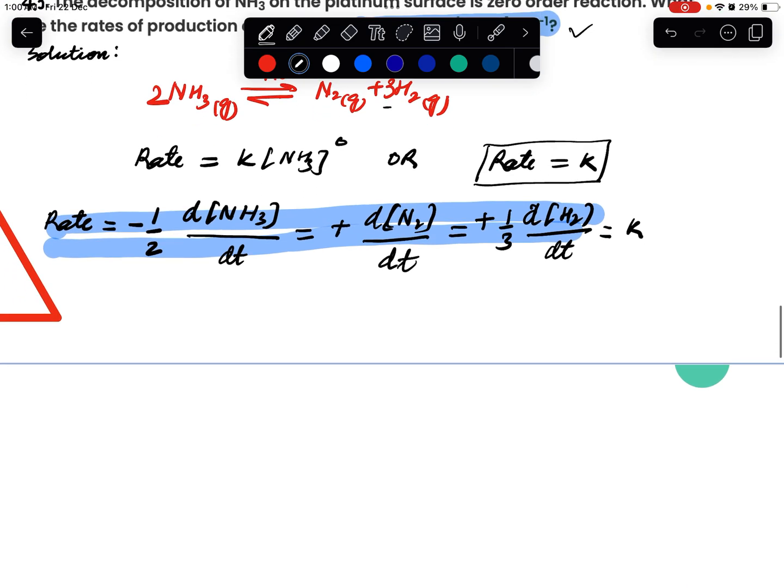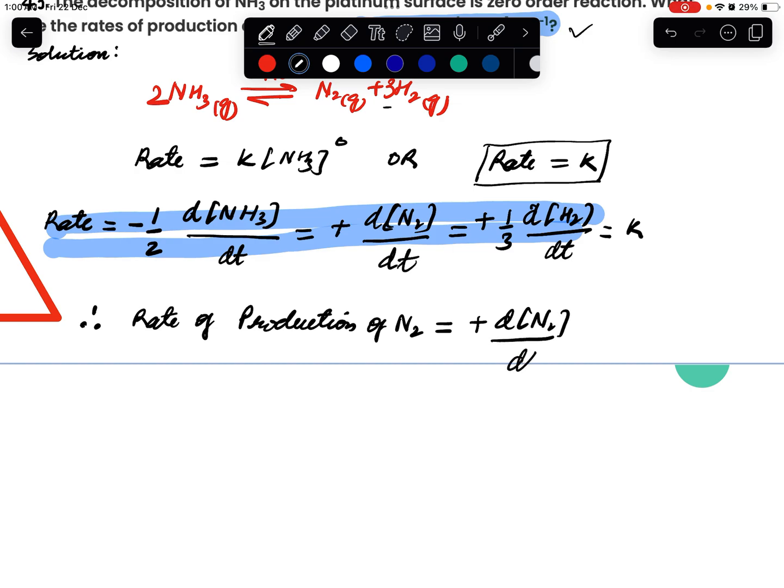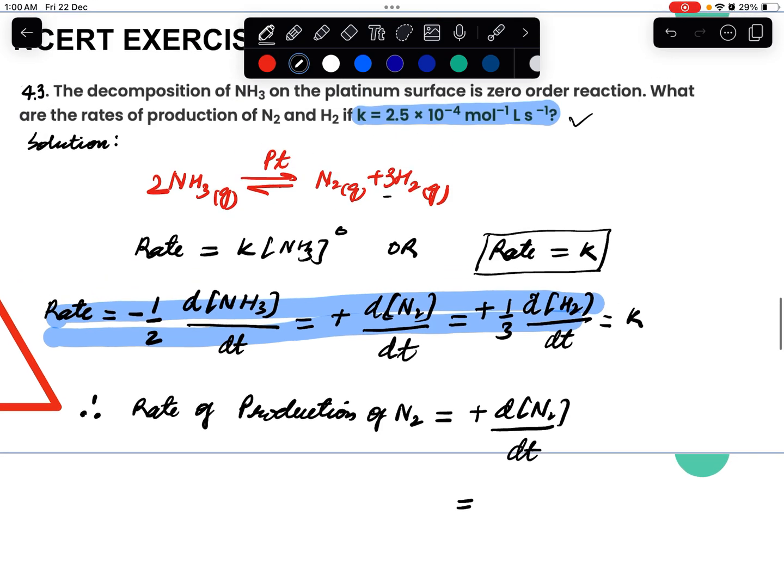So the rate of production of nitrogen gas can be written as plus d[N2]/dt. This is equal to the rate constant, therefore this value is equal to the given 2.5 × 10^-4 mol per liter per second.